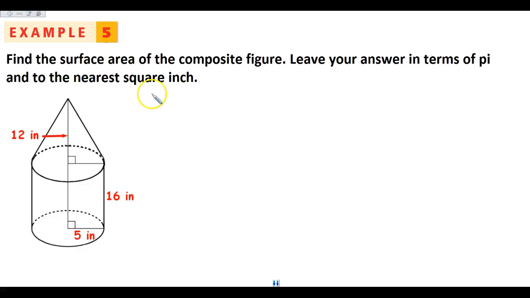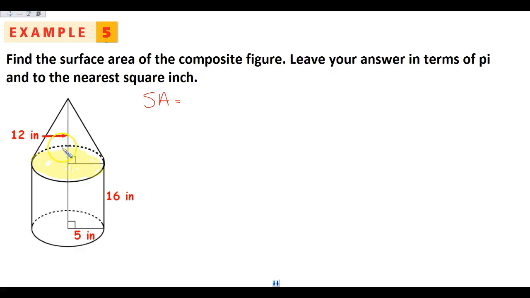So when I look at my total surface area here, let's just start at the top. Okay, I have a cone at the top, but notice that the base of the cone is on the inside of the figure. Like, I do not want to count this base here in my surface area because it's not on the surface, it's on the inside.